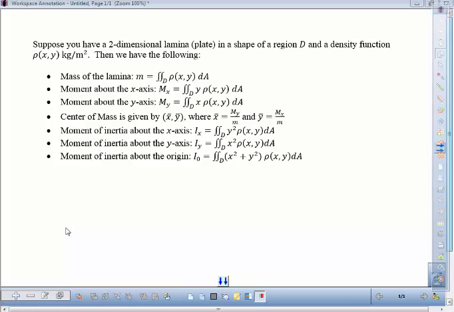Formulas. We have a bunch of formulas. These are the set of formulas from last time. Did we start a problem last time, or? Oh. We did, huh?